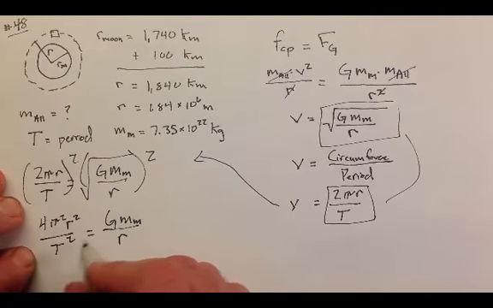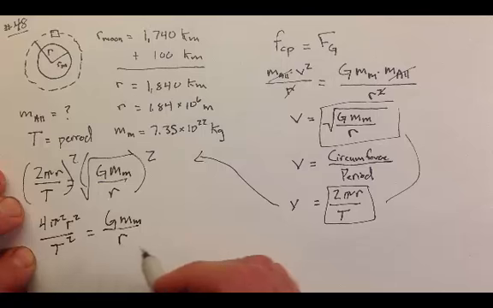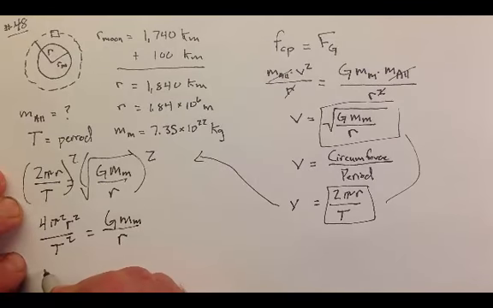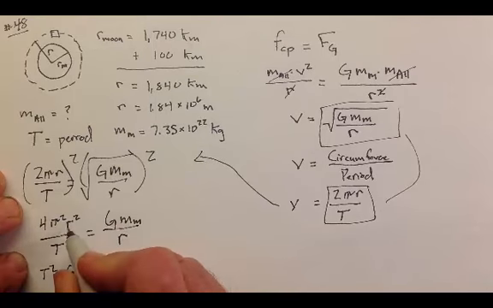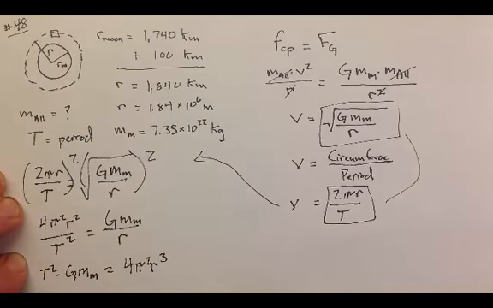And then if I cross multiply here, I get T squared times big G mass of the moon is equal to 4 pi squared times r cubed, because r squared times r would be r cubed.